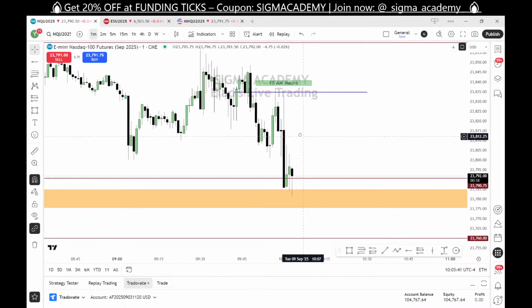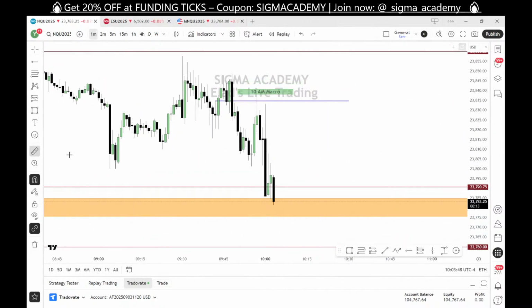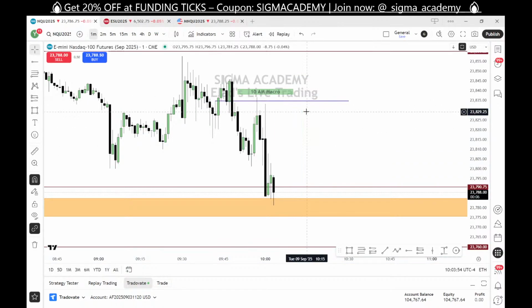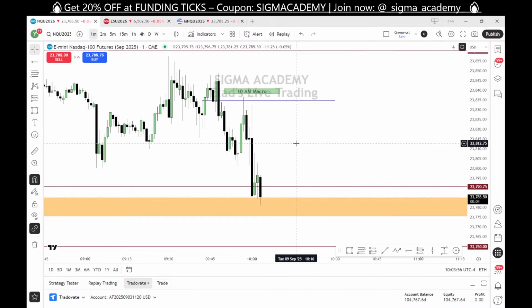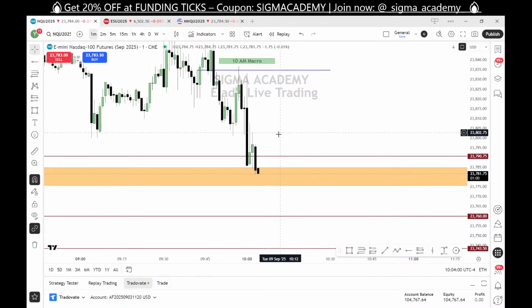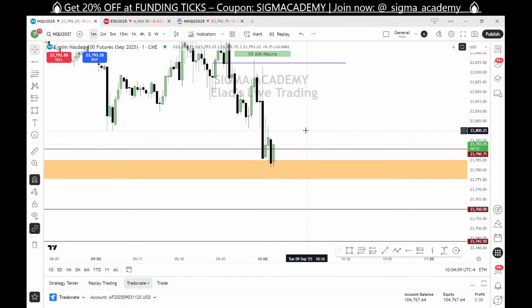You should give it time because we don't have any reference point right here, and the next one is something here about 50 points above, so I should search for any liquidity, any order block, any inefficiency, something near to us, near to the area that I want to enter from.